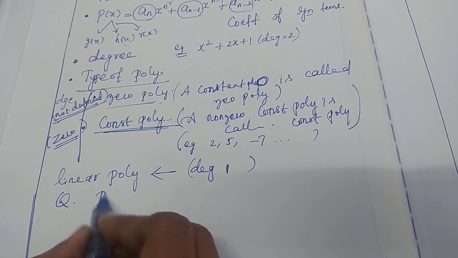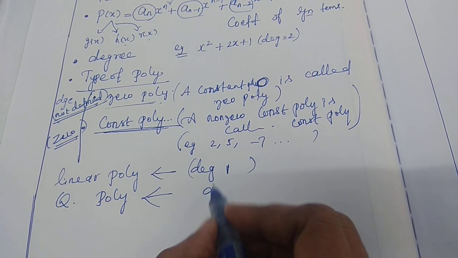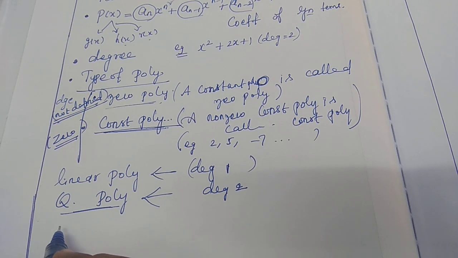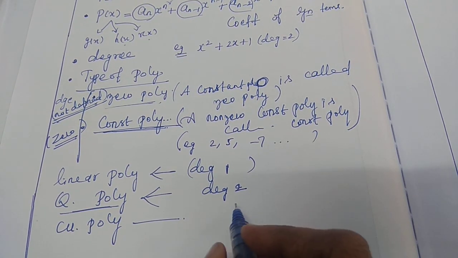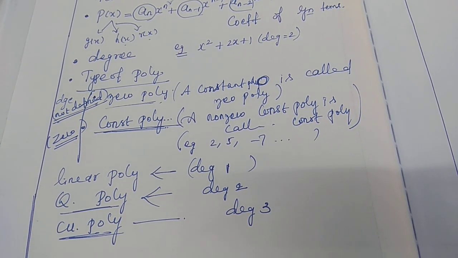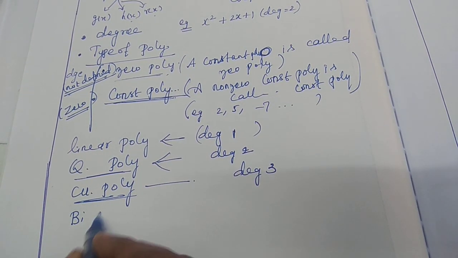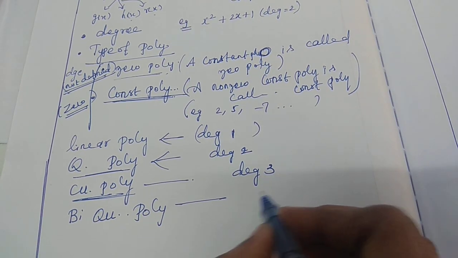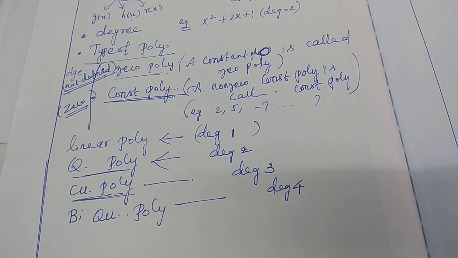And quadratic polynomial, a polynomial having degree 2 is called quadratic polynomial. And cubic polynomial, a polynomial having degree 3 is called cubic polynomial. And biquadratic polynomial, a polynomial having degree 4 is called biquadratic polynomial.